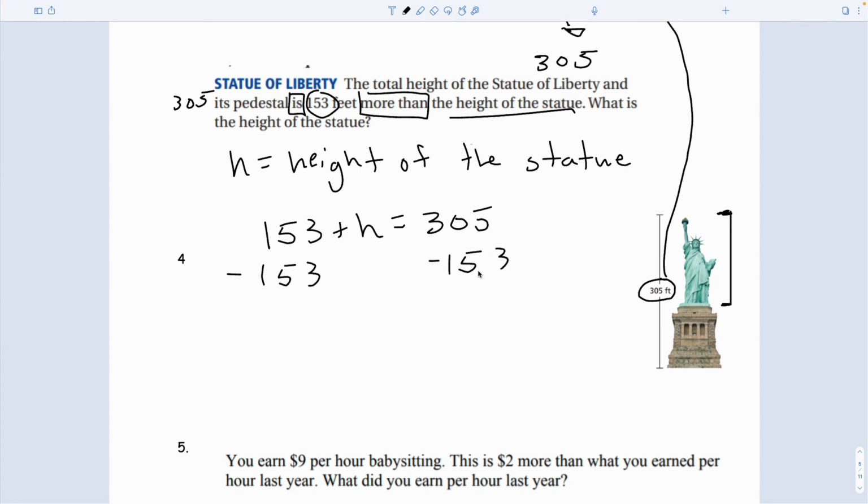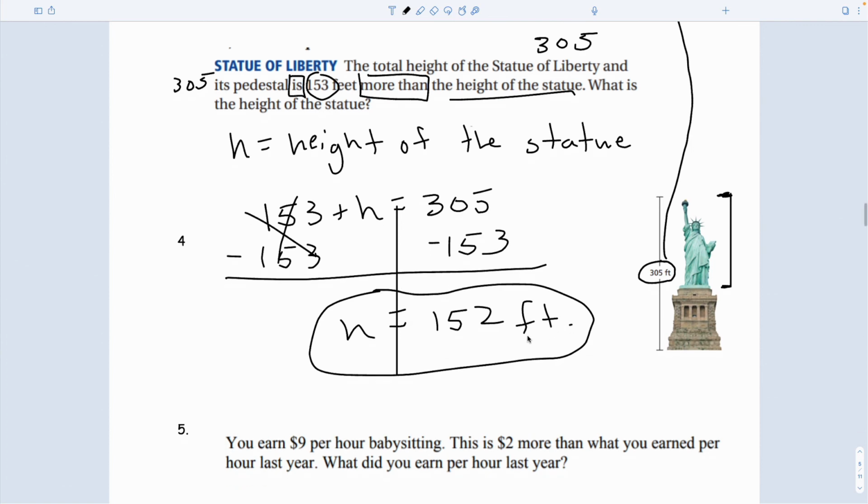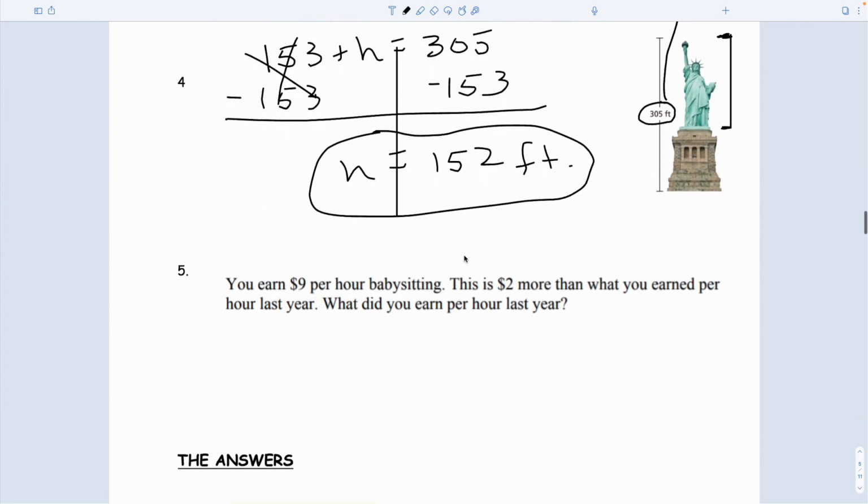Silent hands. Chad. That looks right. If you agree with that, silent yes. Disagree. Anyone want to argue it? Feet's right there. We added it. Yeah, make sure your label is in feet.